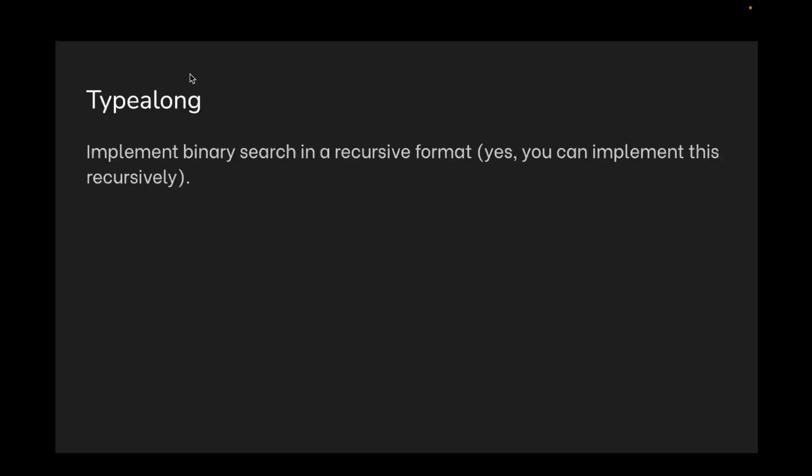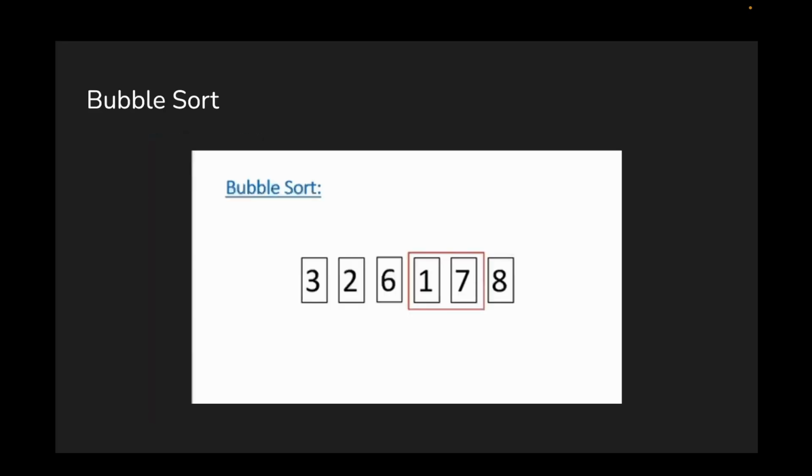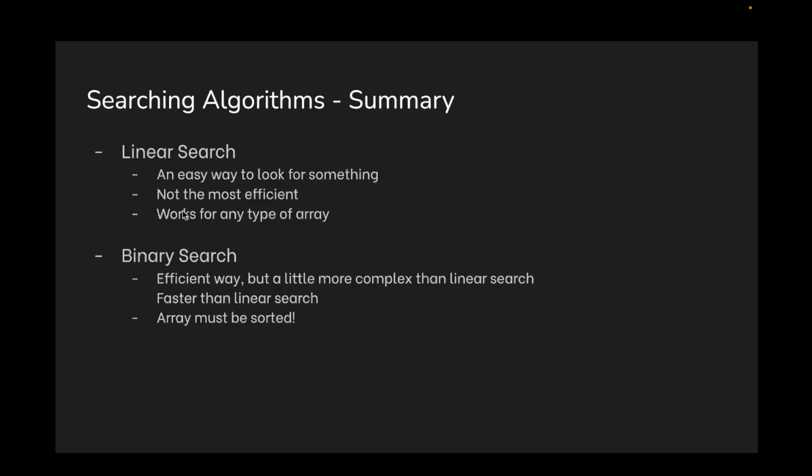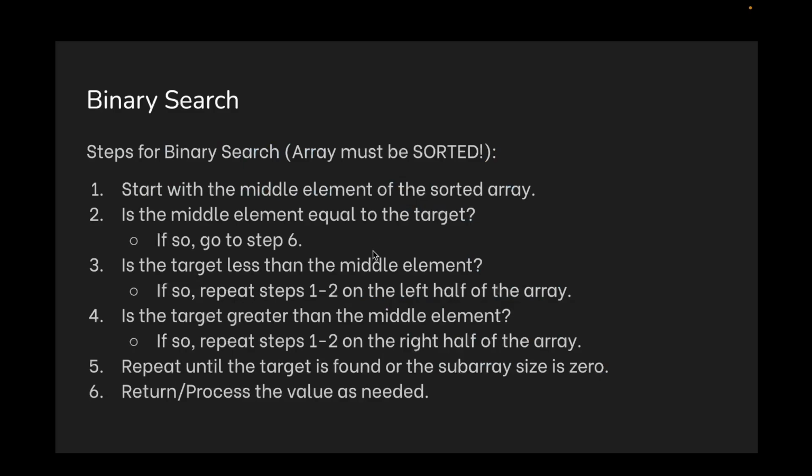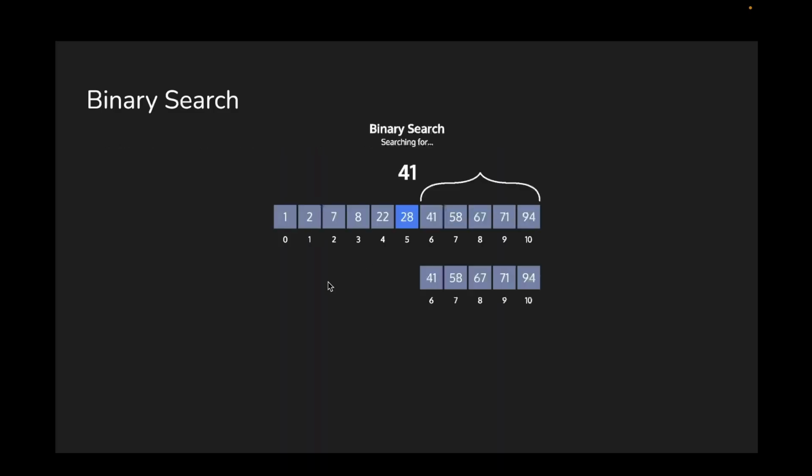But now we'll do the type along, which is implement binary search in a recursive format. And yes, you can implement this recursively. So remember, binary search was our searching algorithm that allowed us to find the value pretty efficiently, more efficient than linear search.